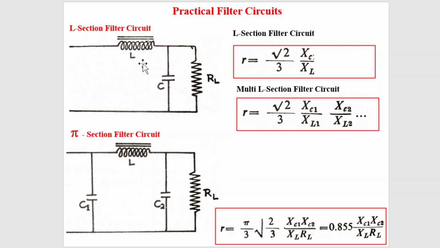The working principle remains the same as I discussed separately for the shunt capacitor and series inductor filter circuits. So the inductor will offer infinite resistance for the AC signal. It will not allow the AC signal; it will stop the AC signal here, and it will offer 0 resistance for the DC signal. So the DC signal will pass. Okay.